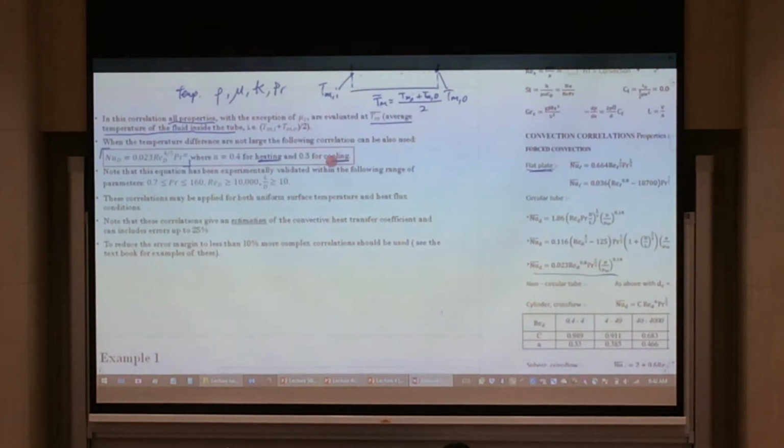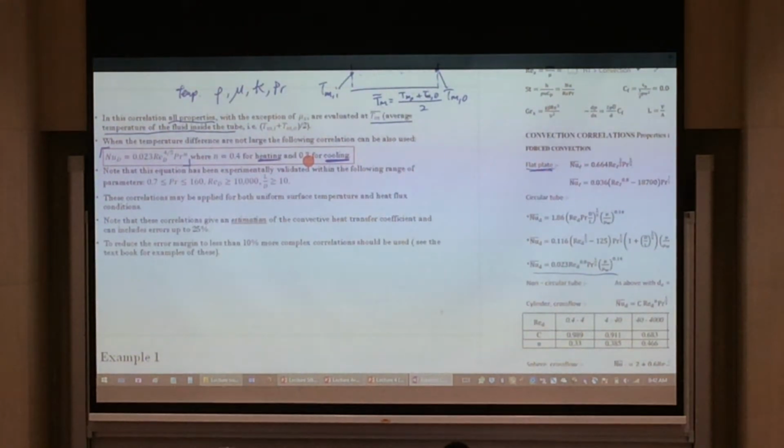If it's for cooling, then your Prandtl number power is going to be 0.3. So you can see there are so many different configurations you need to take care of. Not only turbulent flow, you've got to be concerned about whether the temperature difference is huge, and if it's huge, is it cooling or is it heating up?